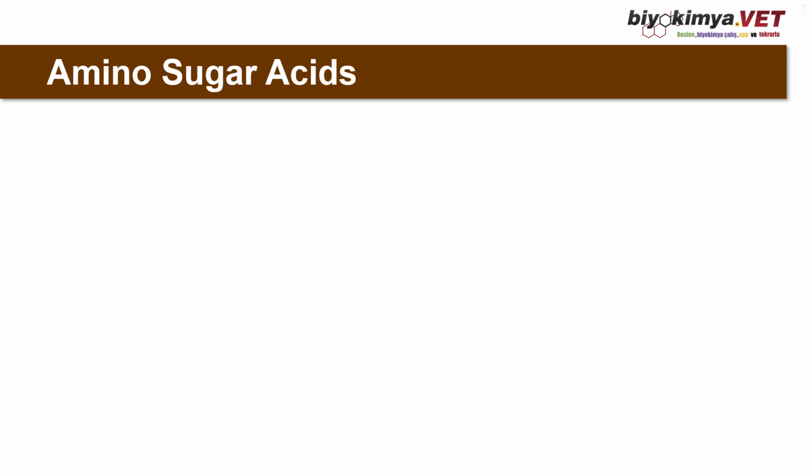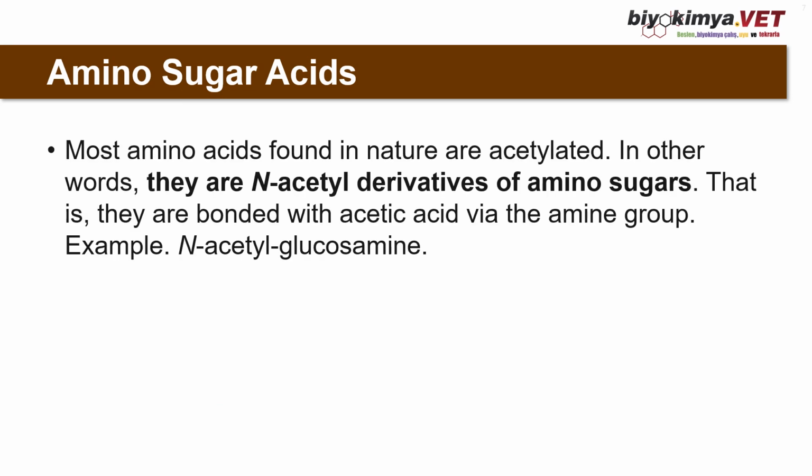And the amino sugar acids: most amino sugars found in nature are acetylated. In other words, they are N-acetyl derivatives of amino sugars. That is, they are bonded with acetic acid at the amino group.